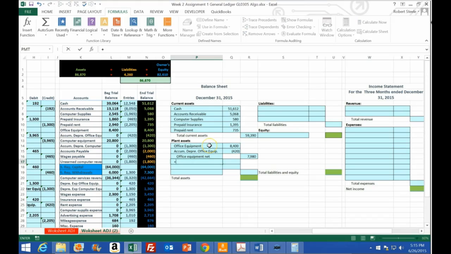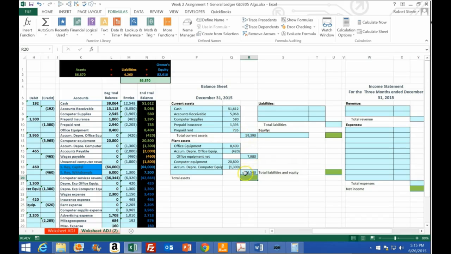Then we're going to do the same thing for the computer equipment. So here's this, and then we had a credit for accumulated depreciation. So we have the computer equipment of 20,008, and then the credit of 1.3, and if we sum that up, this plus the negative that, which is basically a subtraction, 28 minus the 1.3 gives us the 19.5.